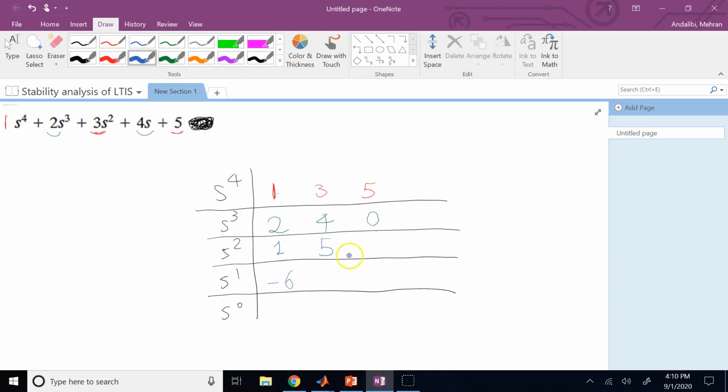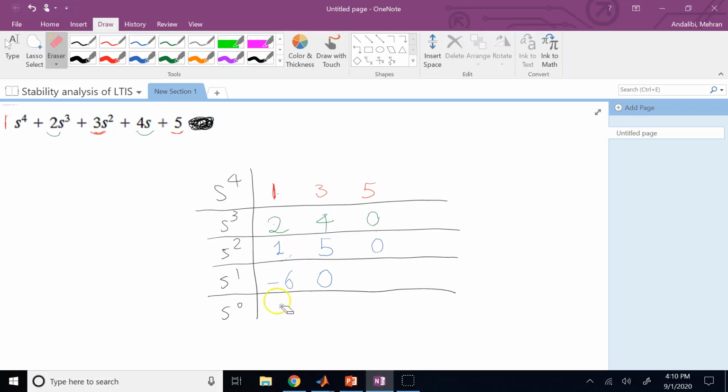Again, when I want to go here, I have to use this column and then that column. But here I don't have a number. So again, I artificially add a 0, and of course you get 2 times 0 minus 1 times 0, so 0 minus 0 is 0 divided by 1, you will get 0, of course, because there is nothing there.